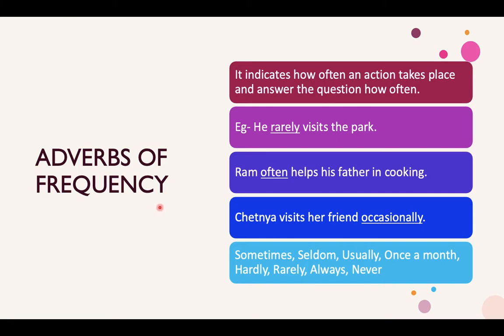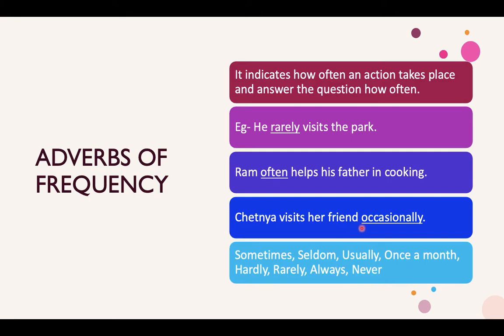Now adverbs of frequency. It indicates how often an action takes place and answers the question how often. He rarely visits the park. So how often does he visit? Rarely. Ram often helps his father in cooking. So how often? Often.